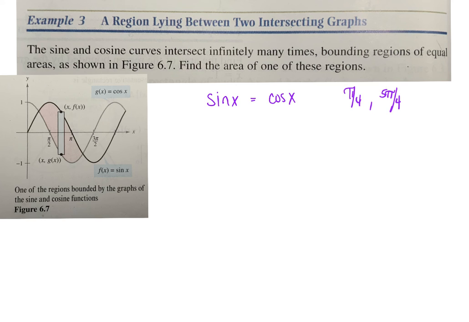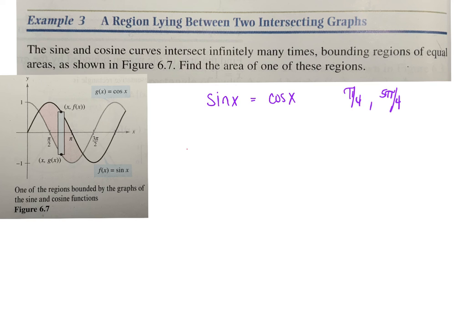Now, in that particular cycle from pi over 4 to 5 pi over 4, you do have to figure out which is on the top and which is on the bottom. If you know the sine and cosine graph well, you're going to know that sine is on the top there. But if you don't know it well, you can pick something like pi over 2, which is in between those. Pi over 2 sine is 1, cosine is 0. So you can look at it that way if you want to.